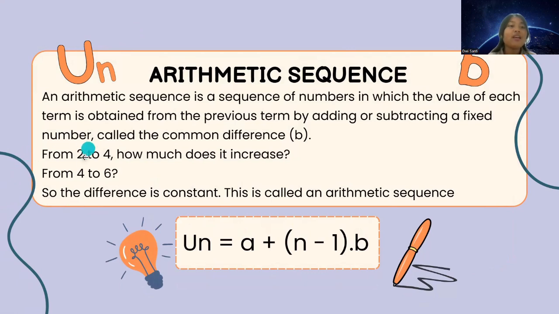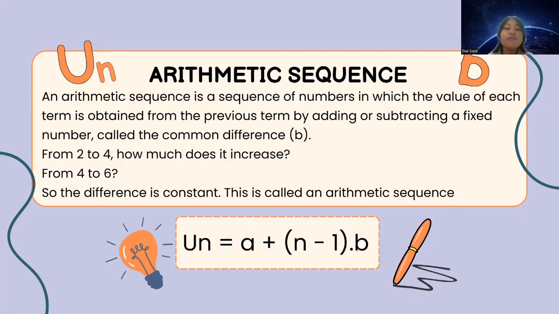From 2 to 4, how much does it increase? Good, plus 2. And next, from 4 to 6. Good, plus 2. So the difference is constant. This is called an arithmetic sequence.